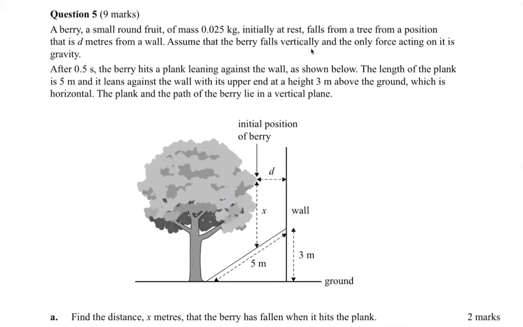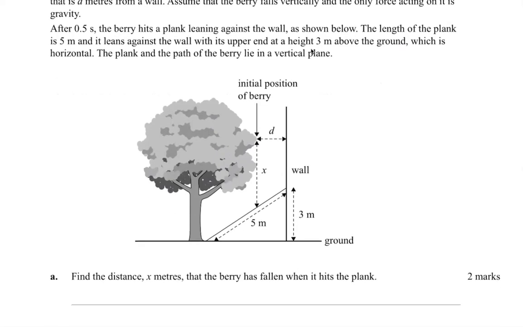A berry, a small round fruit of mass 0.025 kilograms, initially at rest, falls from a tree from a position that is 3 meters from the wall. Assume that the berry falls vertically and the only force acting on it is gravity. After 0.5 seconds, the berry hits the plank leaning against the wall, as shown below.